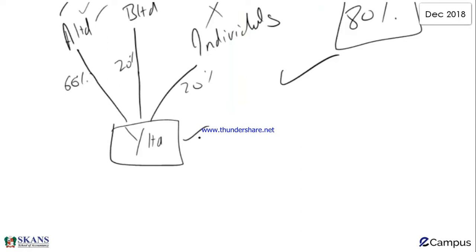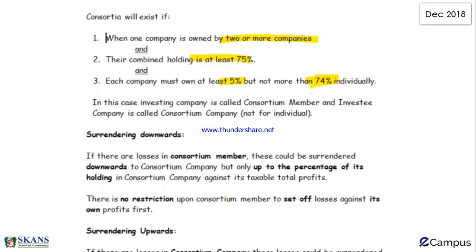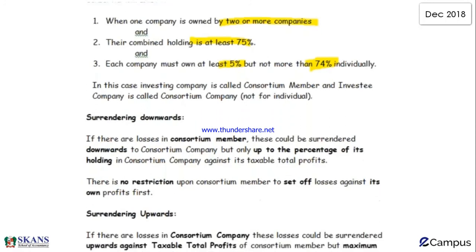Make sure it could be either upwards or downwards, but parallel surrendering is not allowed. So members could not relieve any losses within each other.